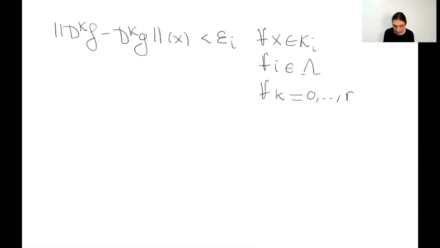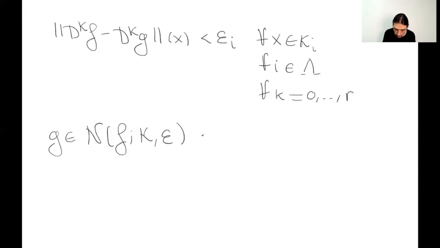And indeed, that is the definition of our open subset, the subbasic neighborhood associated to the family of compact sets K and the family of positive real numbers epsilon.